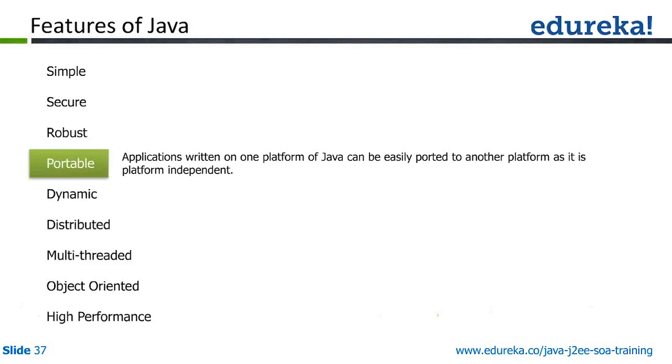Portable. So when we say portable, it means it can be used across many platforms. And this has two aspects. One is, can you use the code across many platforms?